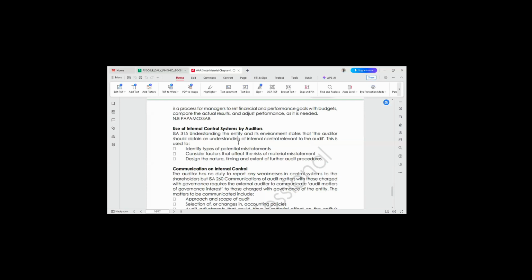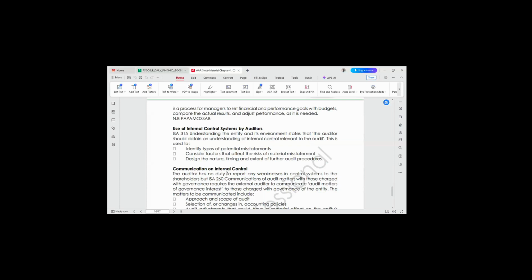So those are the ways that the auditor makes use of the internal control system. Now, communication on internal control. Like I said, when there are weaknesses in the internal control system, one of the letters that the auditor will write to the management is called a management letter. I take it again.